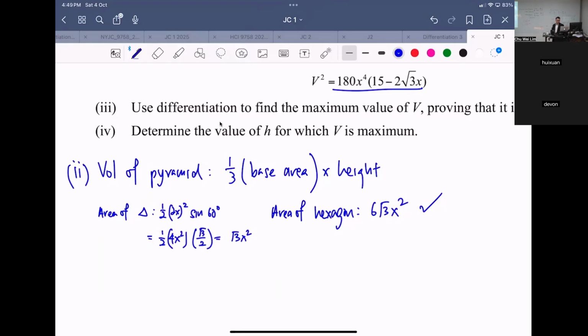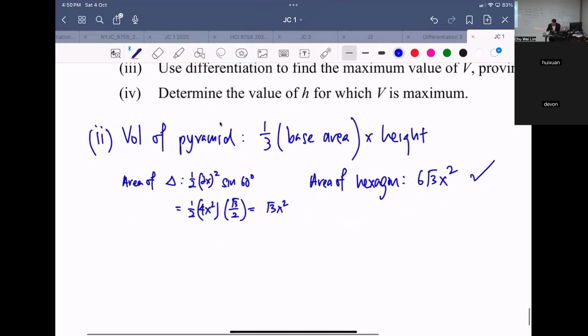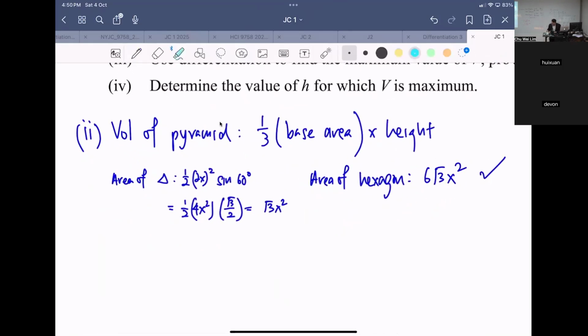What's your value? 2, 3 is correct. From here, once you get the area of the hexagon, the volume will be 1 over 3 times base 6 root 3 x squared times height.